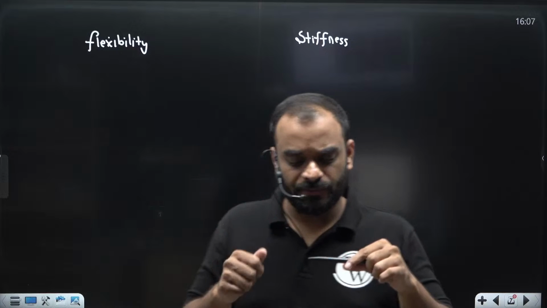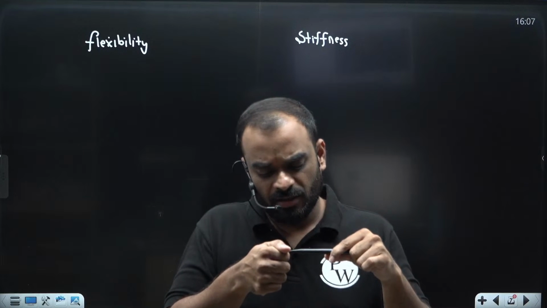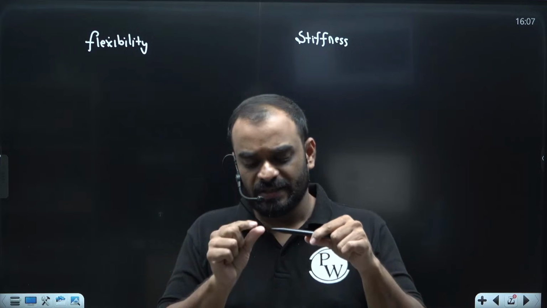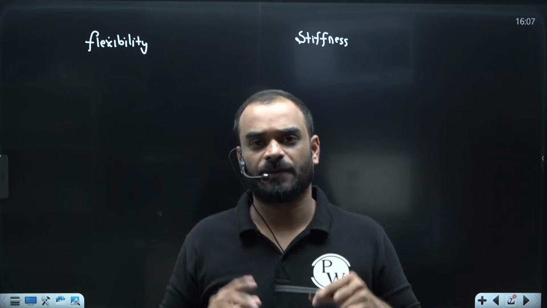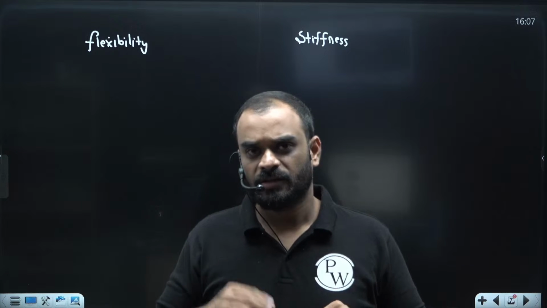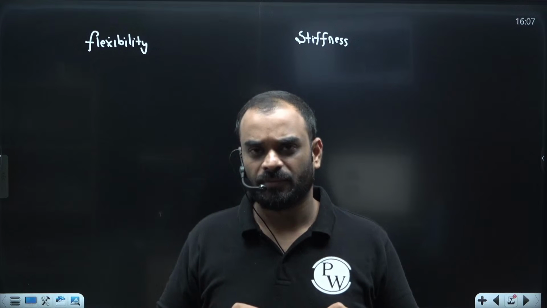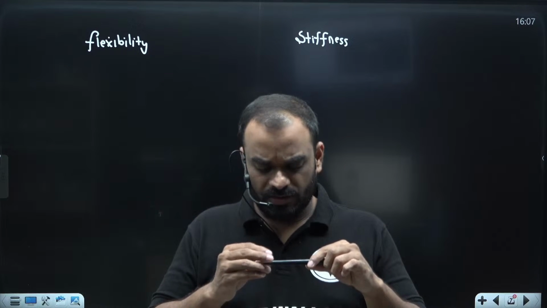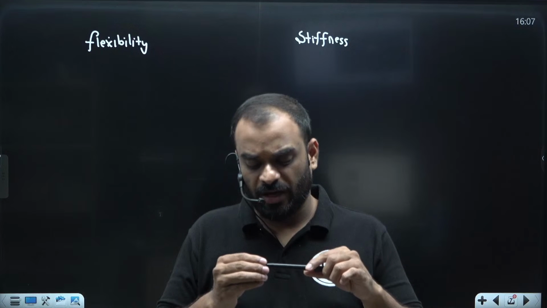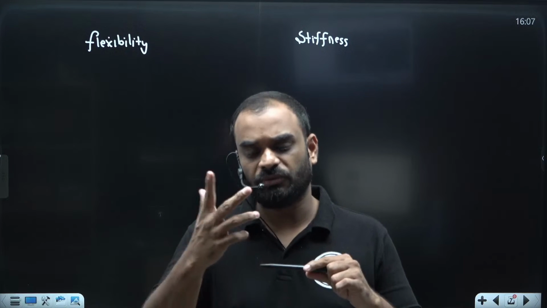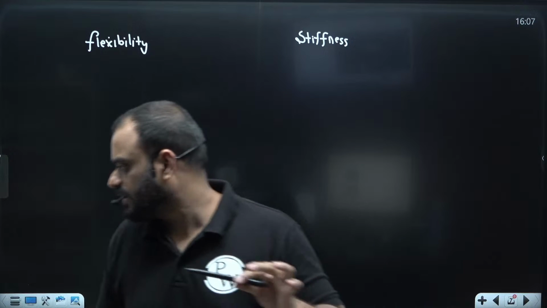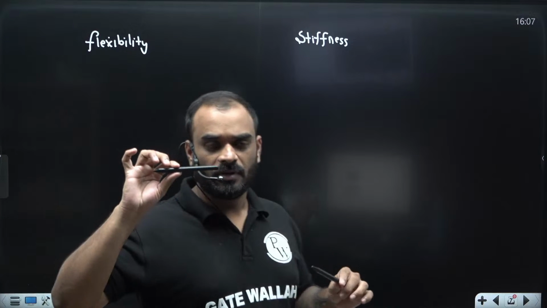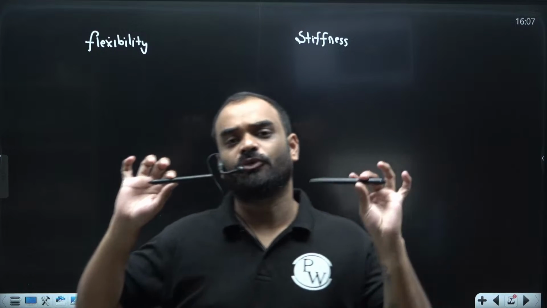Let us suppose right now you are trying to apply a unit force over here, and due to that unit force a certain displacement will occur, right? Now just imagine, guys, let us suppose I am taking two different members, one is this, and the second one is this, and I'm trying to apply the same force.